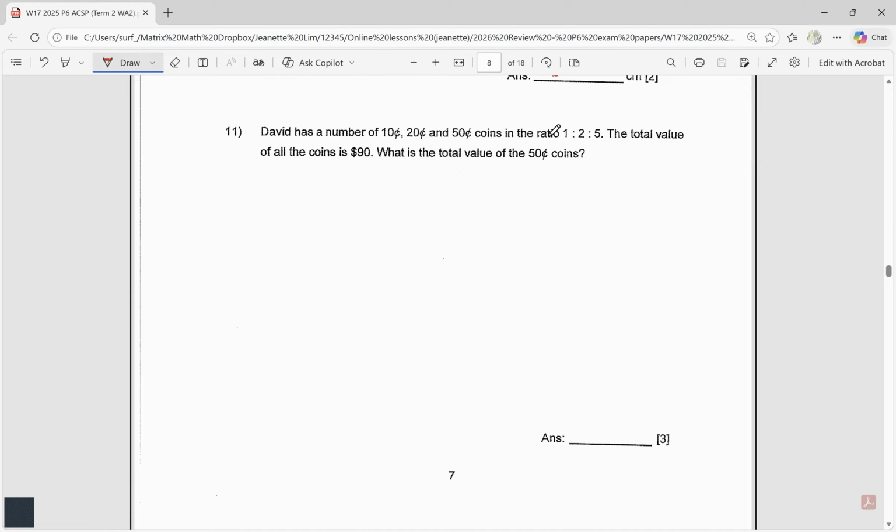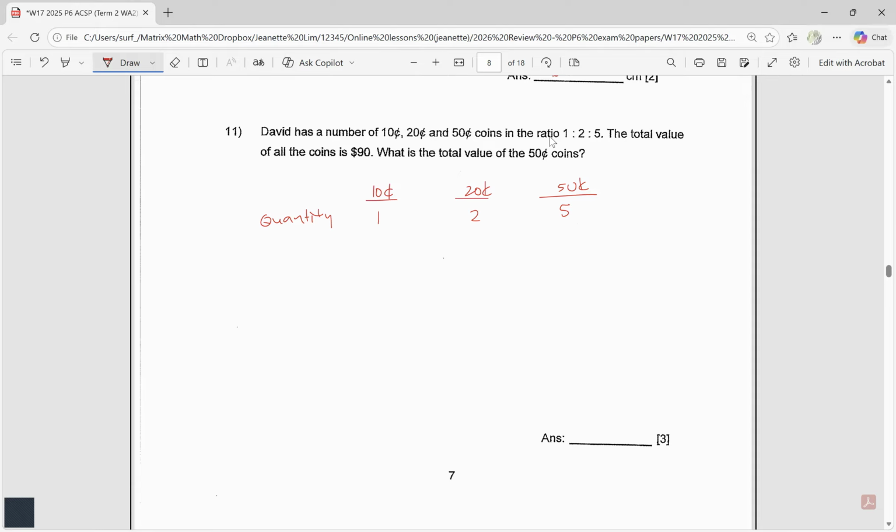Okay, so what you can do is using the quantity value table. I'll split this 10 cents, 20 cents, 50 cents, quantity is talking about the ratio given. So 1 to 5.